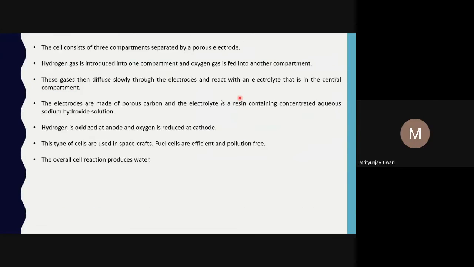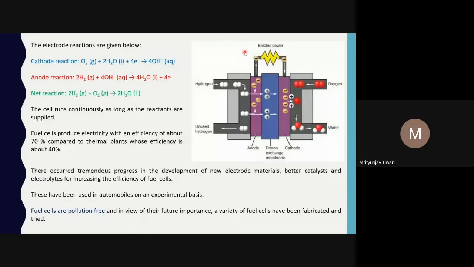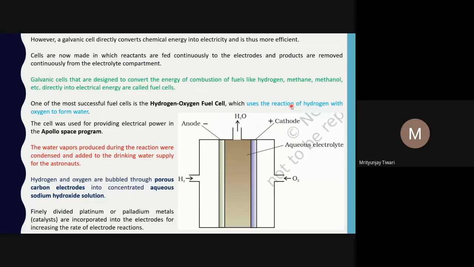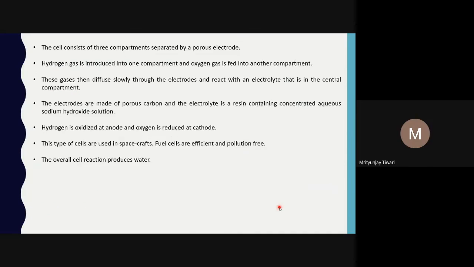And let us just summarize those points again, because the fuel cell is perhaps new for you in the syllabus. The cell consists of 3 compartments separated by porous electrodes, and that we have seen. So 3 compartments having porous electrodes, compartments 1, 2, 3. Here it is more clear, 3 compartments separated by 2 porous electrodes, anode and cathode.